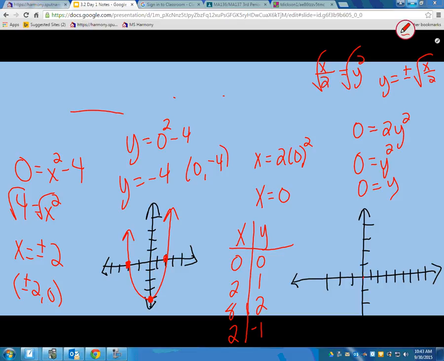So 0, 0, 2, 1, 8, 2, 2, -1, and if we picked -2, we would also get 8. Sorry, if we picked negative, yeah, we would get -8. Which means, some of you are already picking up on it, if we connected these, we're going to get a parabola turned on its side.